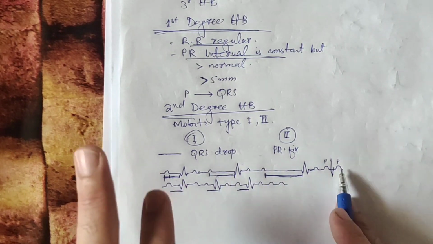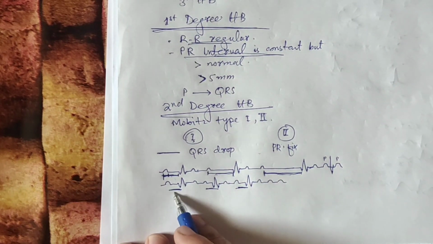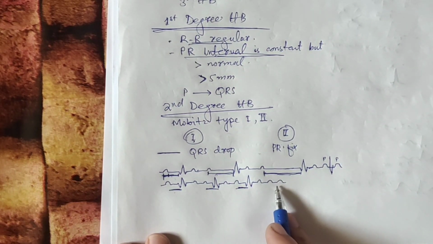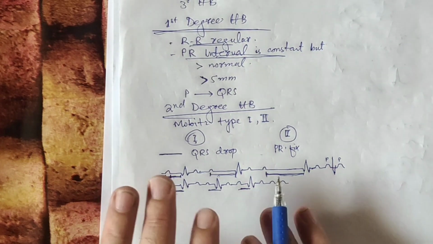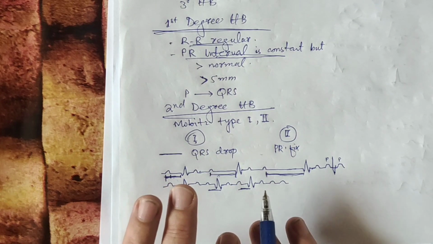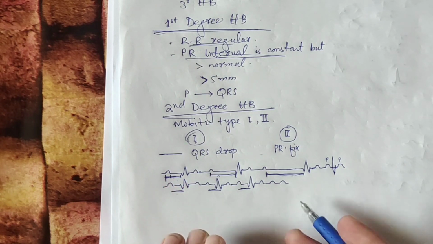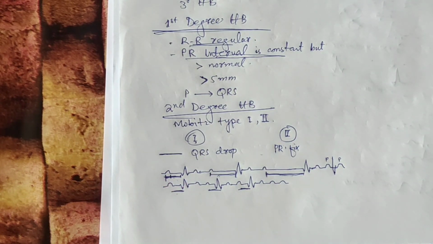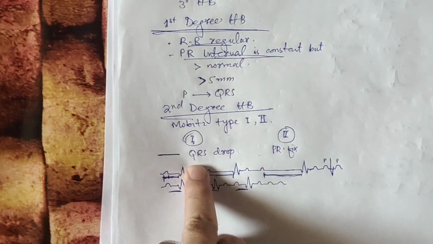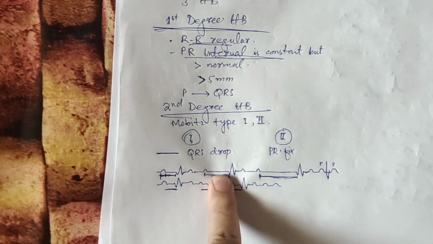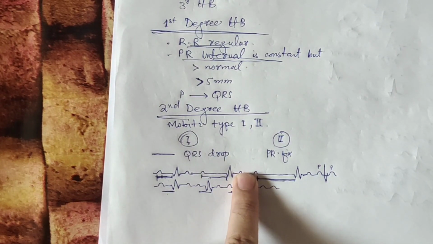When there is a fixed PR and suddenly a QRS drop, and RR is not regular, this is called Mobitz type 2. The causes of Mobitz type 1 are physiological in athletes, digoxin and acute MI.